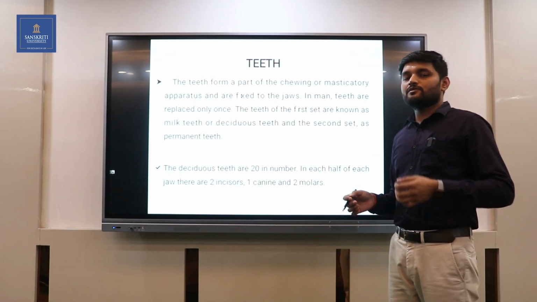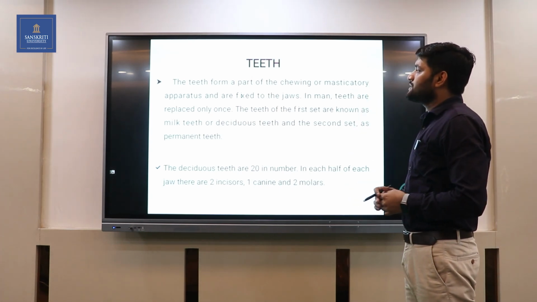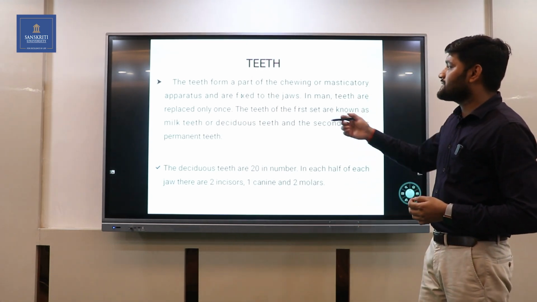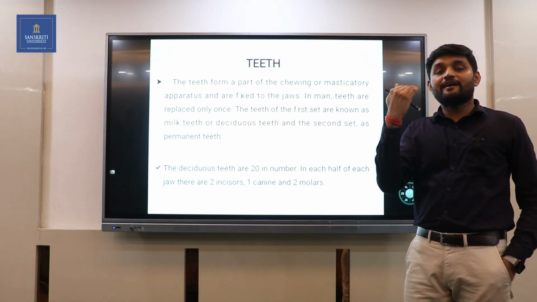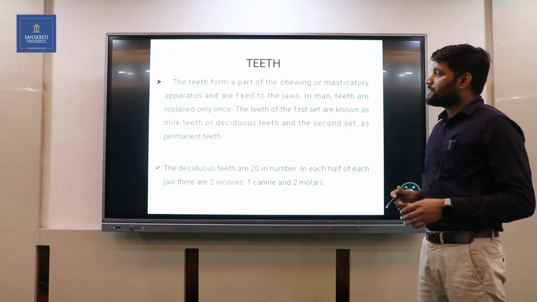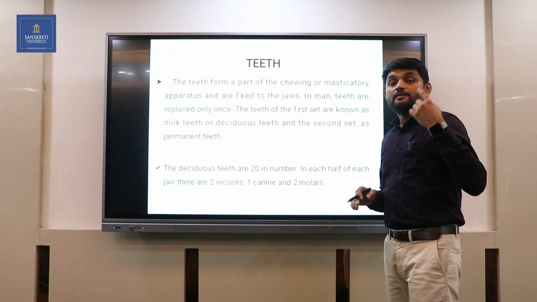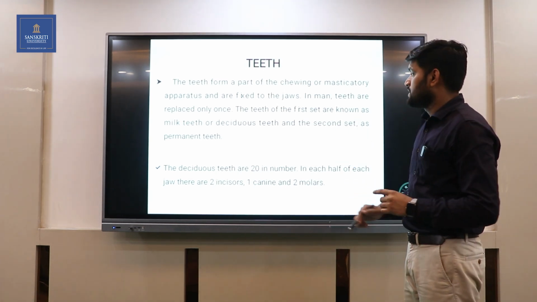The next primary digestive organ is the teeth. The teeth form a part of the chewing or mastication apparatus and are fixed to the jaws, upper jaw and lower jaw. In man, teeth are replaced only once. In humans, teeth are replaced once in a whole life.